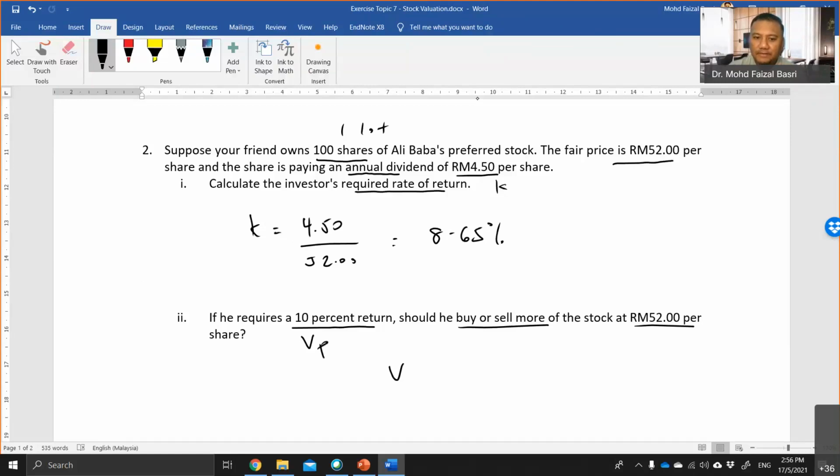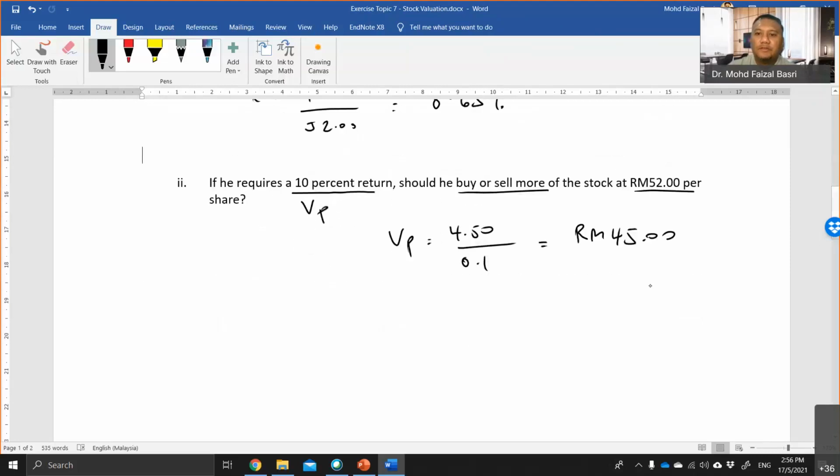So to find VP, again, it's 450, but now we divide with the required rate of return, which is 10%. So it is 45 ringgit. Okay, so this is the VP.